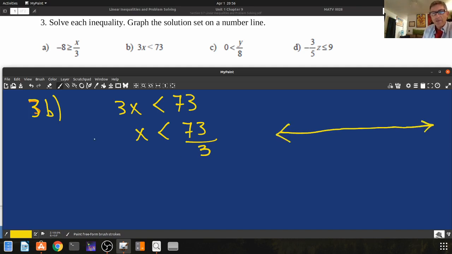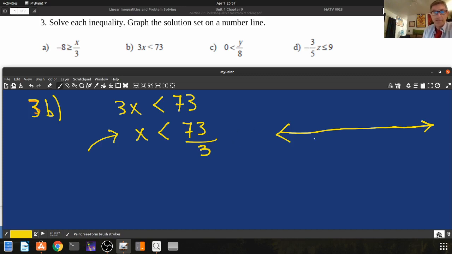Now I'm absolutely fine with this type of a solution. 73 is not evenly divisible by 3. It doesn't pass the division test because 7 plus 3 is 10, and 10 is not evenly divisible by 3. But I want to graph it on the number line, and I kind of want to know where it is. So you have two options.